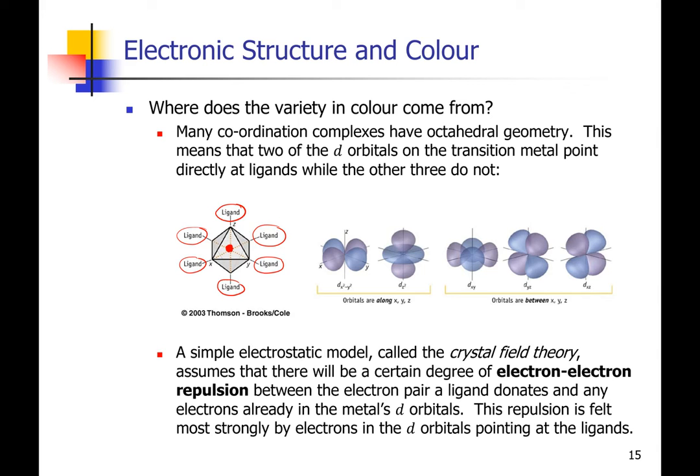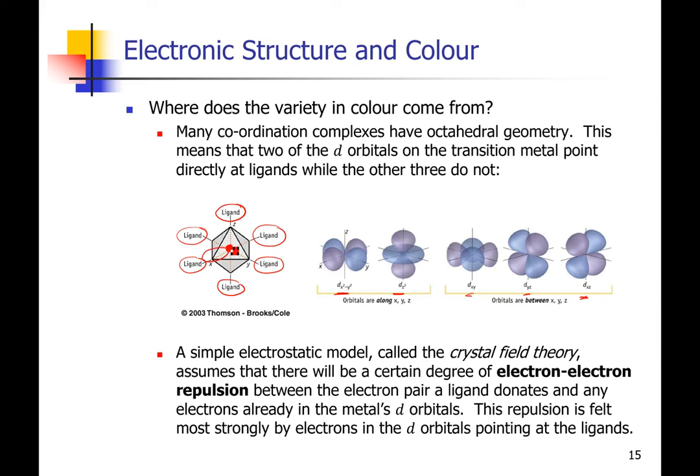You will remember that we have 5 d orbitals in the d subshell on that transition metal cation, and they have been drawn in front of you. We have the dxy, the dyz, the dxz, and then also the dx squared minus y squared and the dz squared. Now, if you look at those pictures in front of you, you can see that 2 of those d orbitals are pointing straight at the ligands.